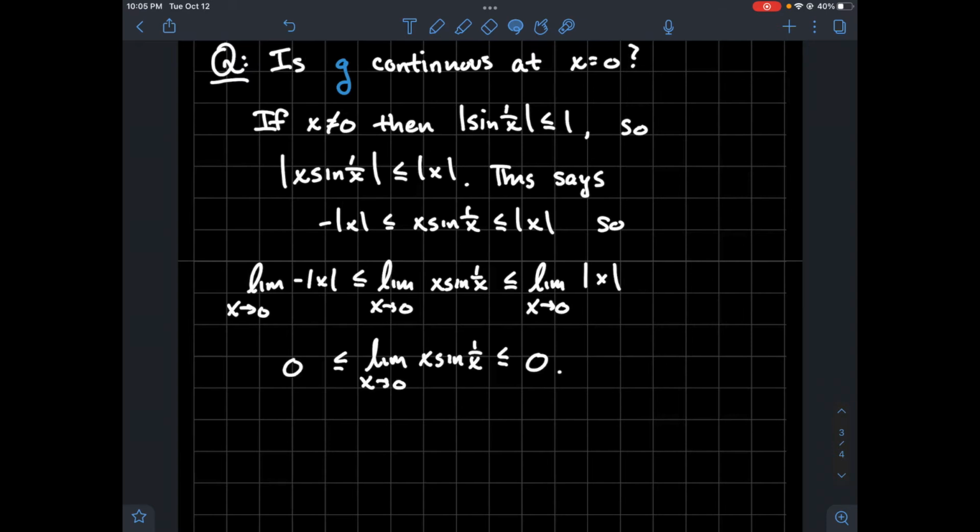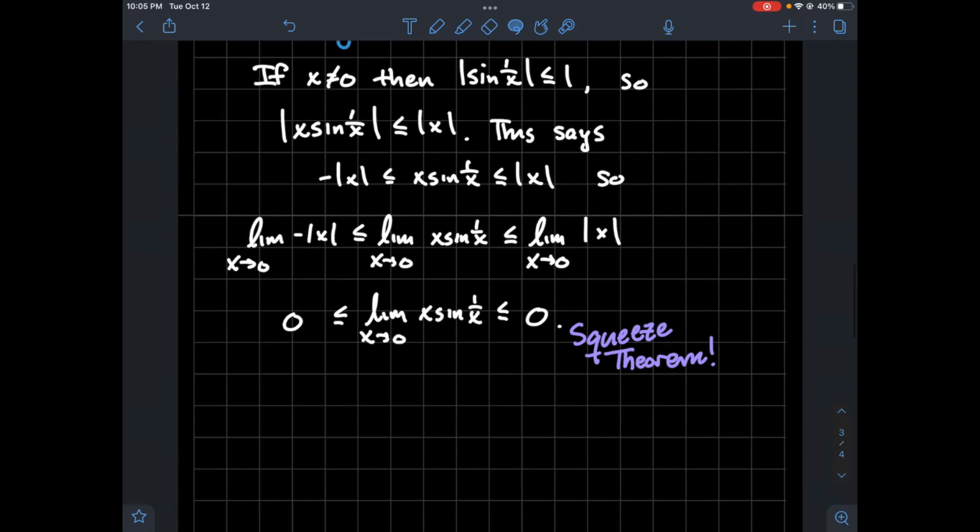And I see on the outsides, they're both 0. So my function, when I take the limit, should be between 0 and 0. This is everybody's favorite theorem about limits, the Squeeze Theorem, or maybe the Sandwich Theorem, depending on what you're brought up on. So that allows us to conclude that the limit as x goes to 0 of x sine of 1 over x is going to be 0.